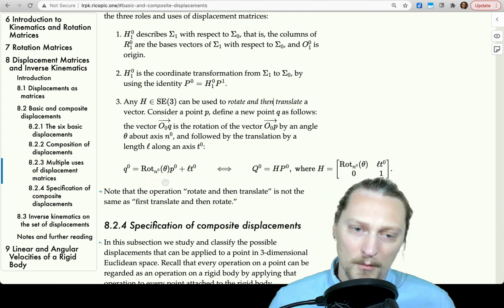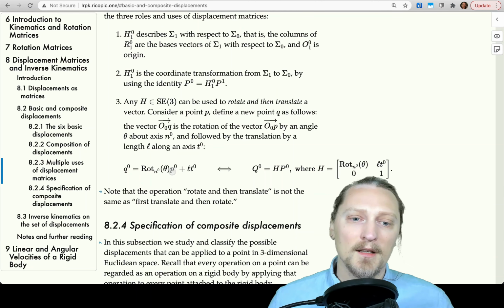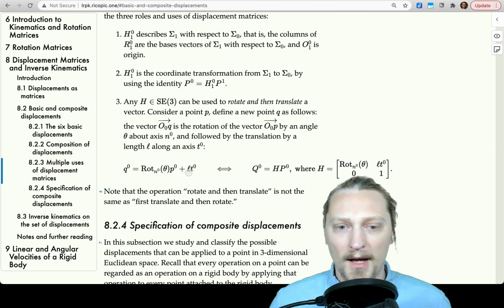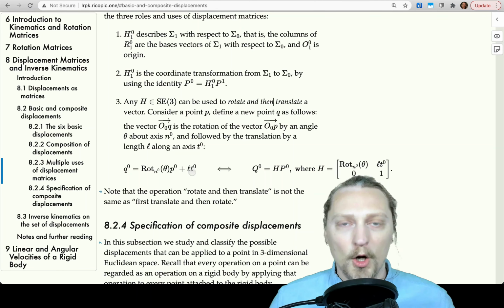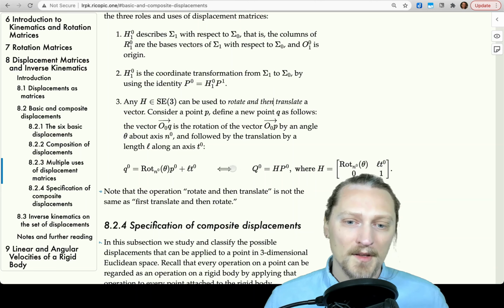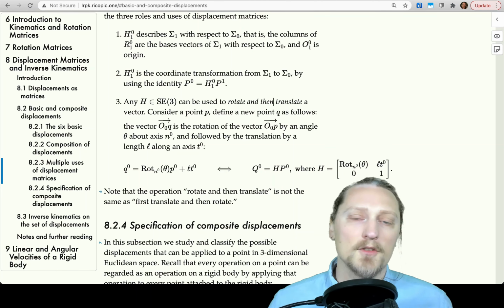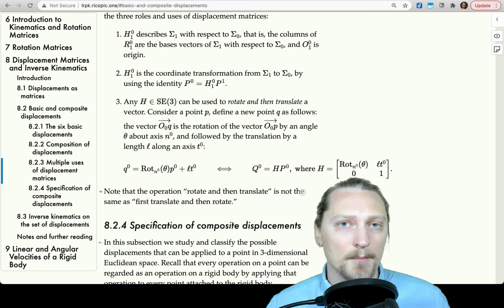So we've transformed the rotation of P0 to Q0, but now we also need to displace it by L along the axis T0. We can express this in homogeneous form as Q0 equals H P0, where here is our H. Okay, we prefer this homogeneous representation.